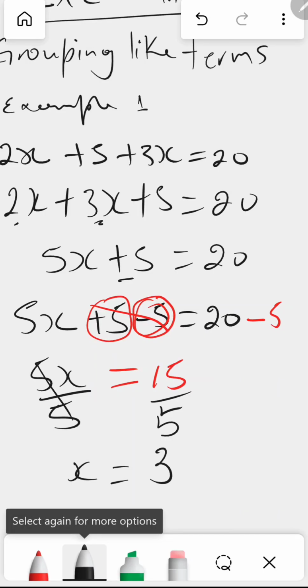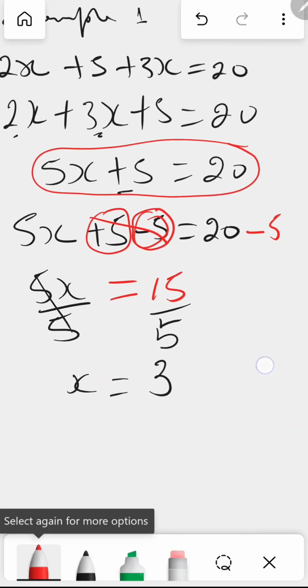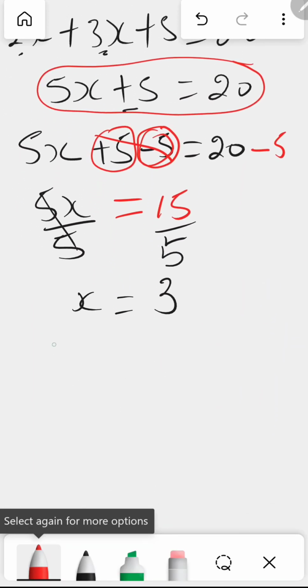Now you want to prove if x actually equals 3. You are going to take your third equation from the calculation, which would be here. So you take this equation, and anywhere you see x, you are going to plug in 3, and let's see if we get back 20 as our answer. So let's rewrite that equation down here.